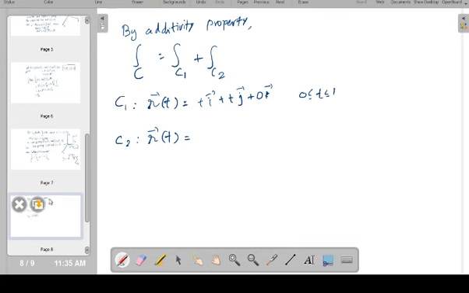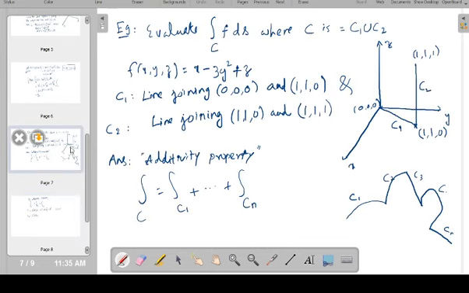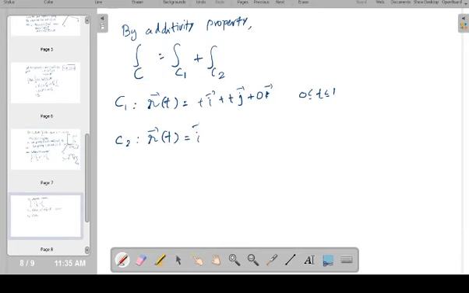And for C2, R of t can be parameterized as 1i plus 1j plus tk. That means i plus j plus t times vector k. Here also 0 less than or equal to t less than or equal to 1.